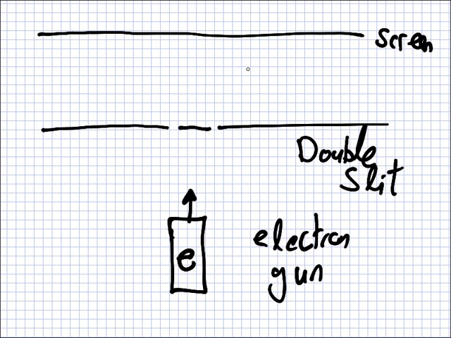Electron is a particle. Yeah, electron's a little particle, so you get A, because it'll go left or it'll go right and you get two. So you'll be surprised to learn that you don't get A. You actually get B, which is very, very surprising.